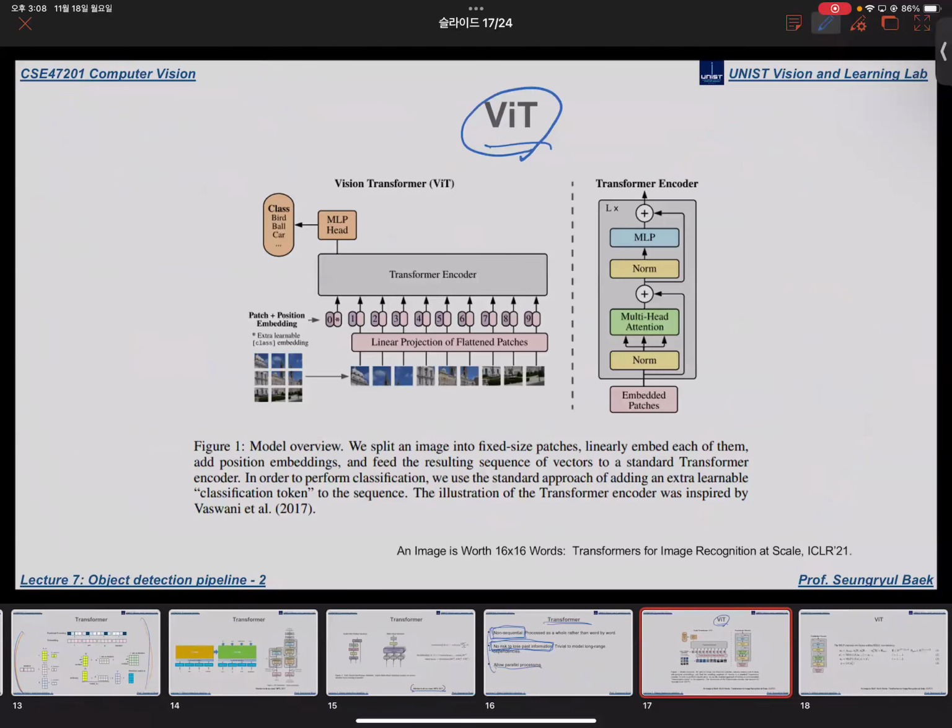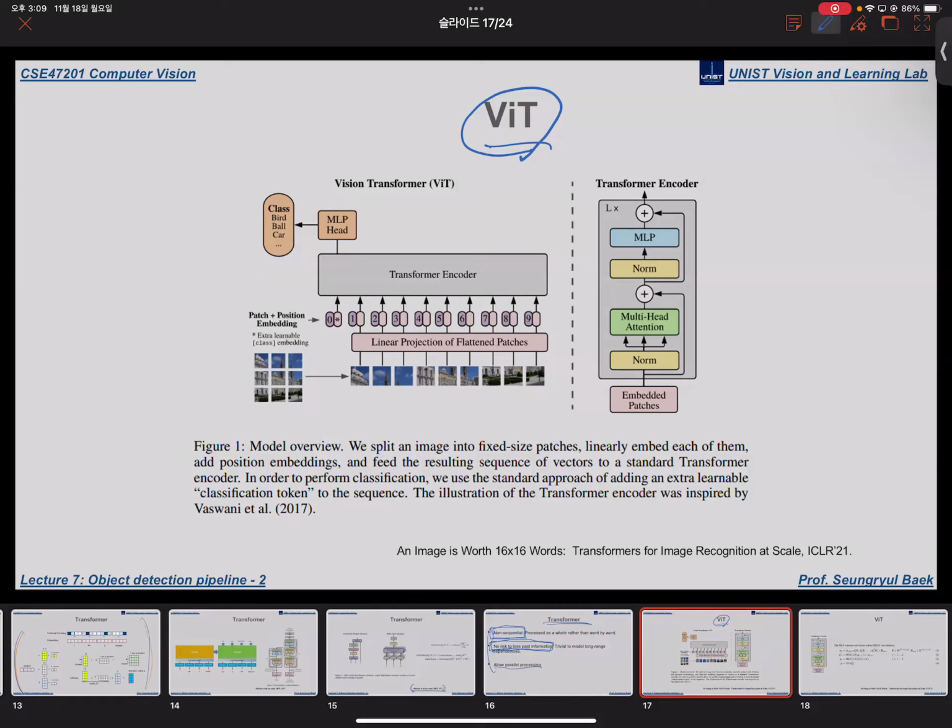But nowadays, this transformer architecture is frequently used in the computer vision domain and actually replacing the convolutional neural network operations. In many applications, people are saying that nowadays the transformer is showing better performance than the CNN architectures.